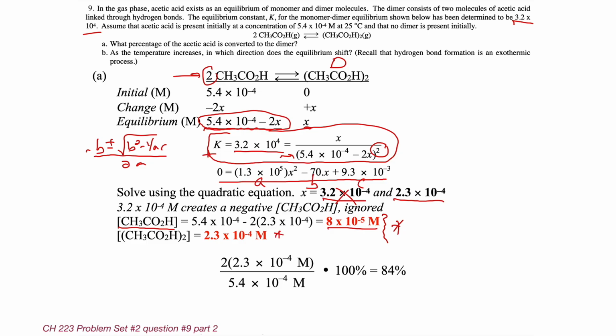If you want to see the percentage of acetic acid converted into the dimer, then what you want to do is take the amount that was reacted that turned into the dimer, which is the 2 times 2.3 part, and just divide it by the initial acetic acid, 5.4 times 10 to the minus 4. And you can see that 84% was converted into the dimer. So that's pretty cool. And that makes sense again because K is pretty large.